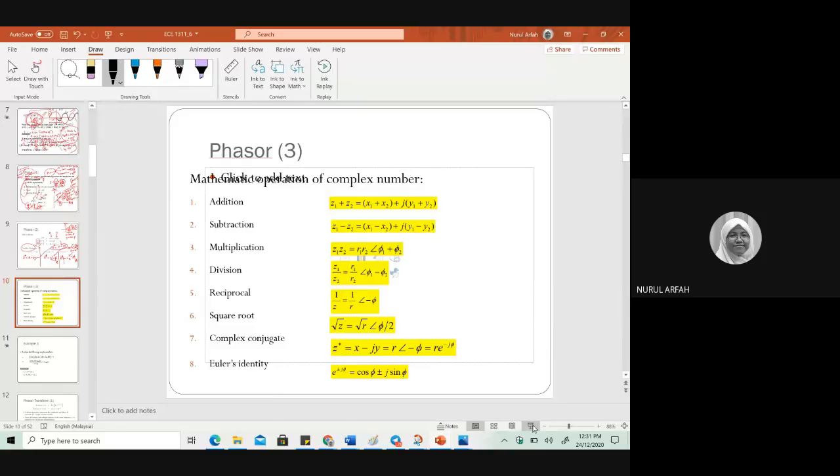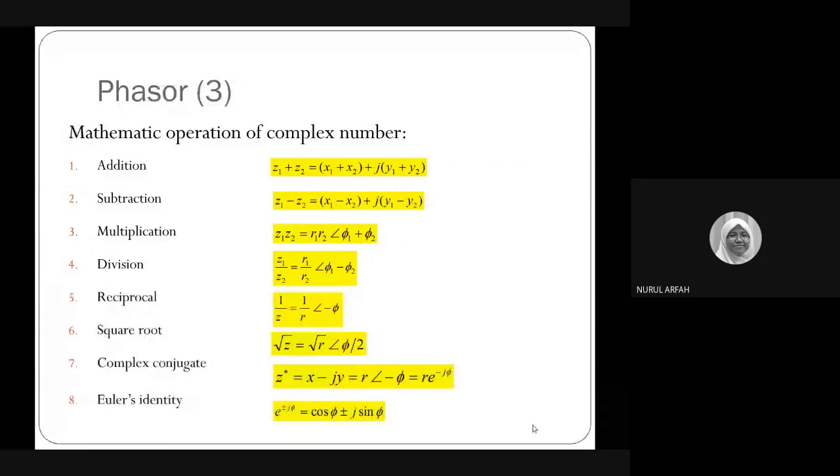Okay, for mathematical operations of complex numbers, these two are in the same format, which is rectangular form. What are these two? This is addition and subtraction. Let's say you have two signals that you need to add, signal number 1 and signal number 2, Z1 and Z2.